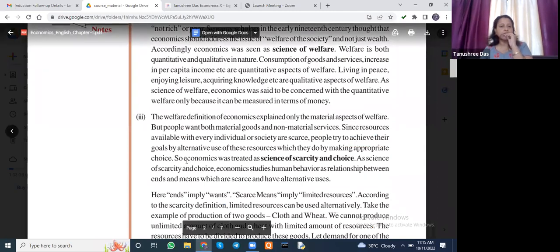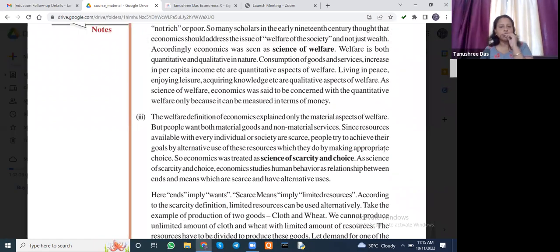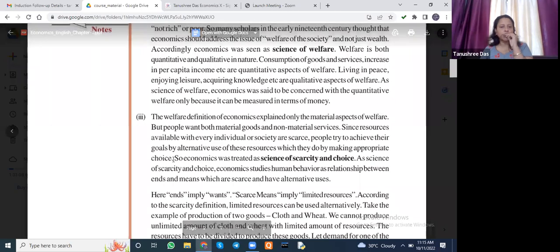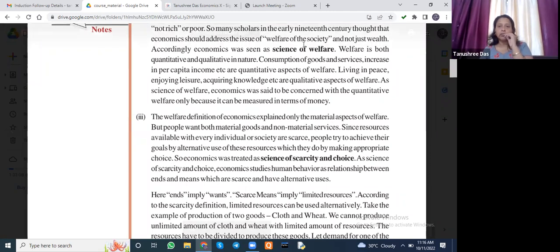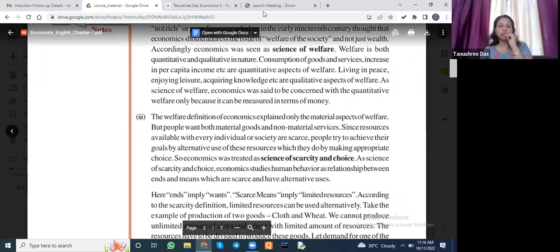People try to achieve their goals by alternative use of these resources, which they do by making appropriate choices. So economics was treated as the science of scarcity and choice. You can mark this answer from here till the last part. From here, you can write your answer number 1.